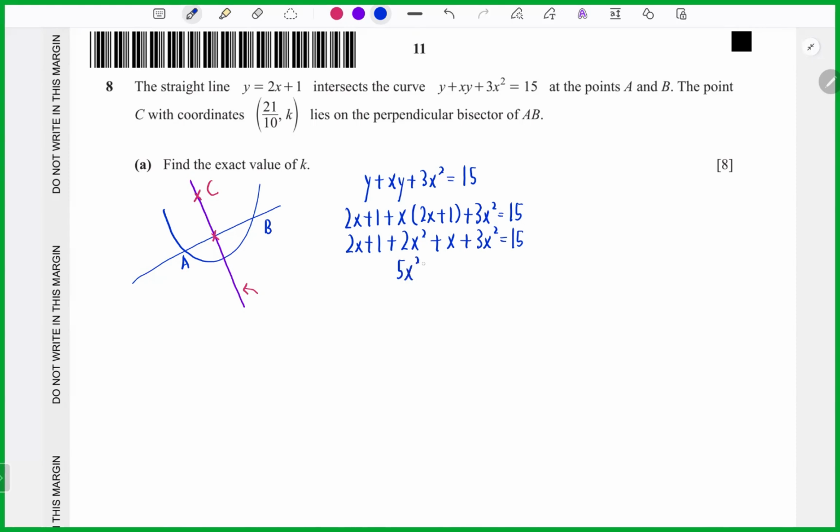So 5x squared plus 3x plus 1 minus 15, you will get 5x squared plus 3x minus 14 equals 0. Okay, so now we try.